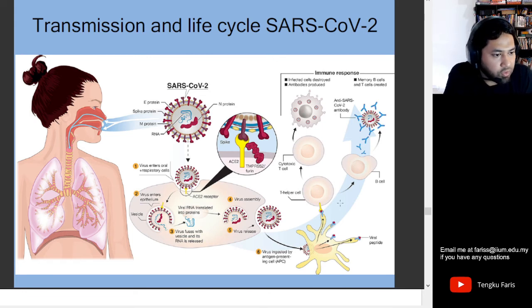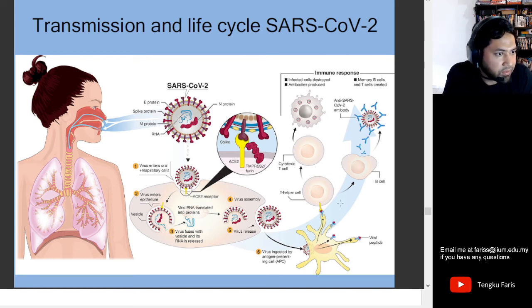Right? If your immune system is intact and very strong, you can destroy this SARS-CoV-2 on your own. In the other case, you can use the B cell machinery to produce plasma cells.